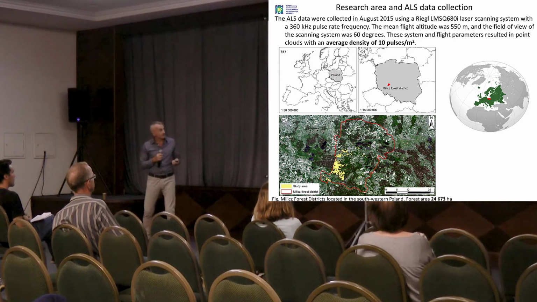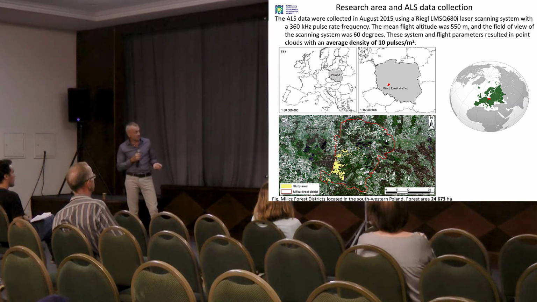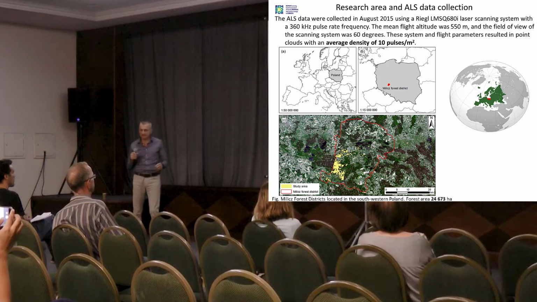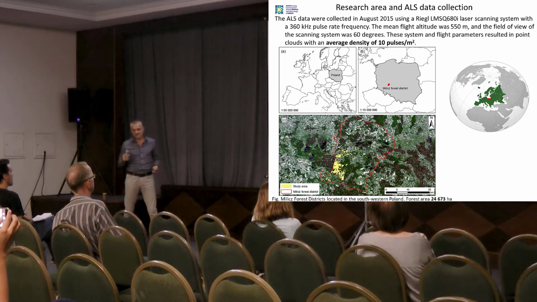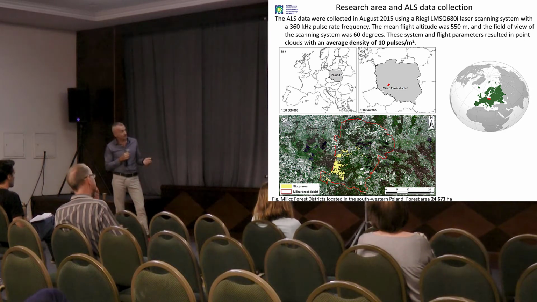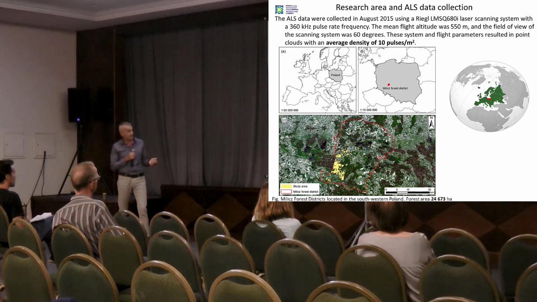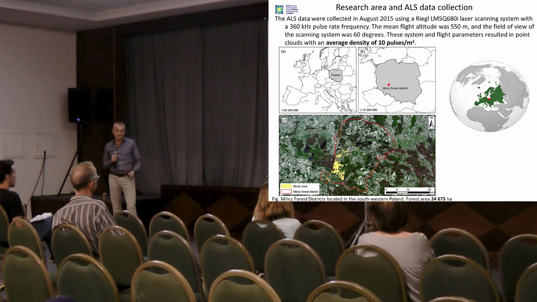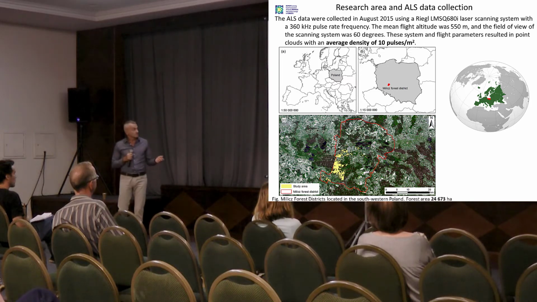In our research, we used the data from Milicz forest district. It is a forest area of about 24 hectares. In 2015, we collected ALS data, and at the same time, we collected 630 georeferenced plots.